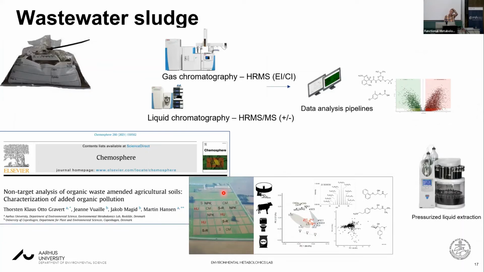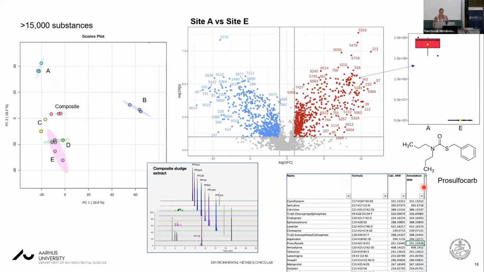Then we use sludge from wastewater facilities. We use that also as a fertilizer on agricultural soils, which is very good because it contains a lot of nutrients. But guess what? It contains also a lot of other stuff. So we used GC Orbitrap and NTMSS for this, and we used some pressurized liquid extraction techniques to do that.